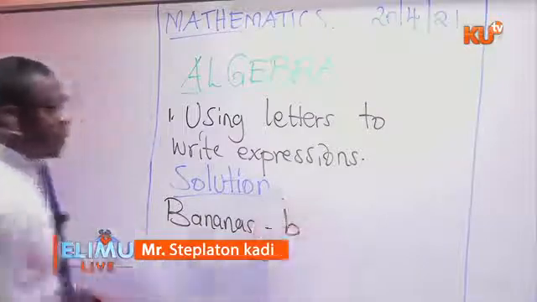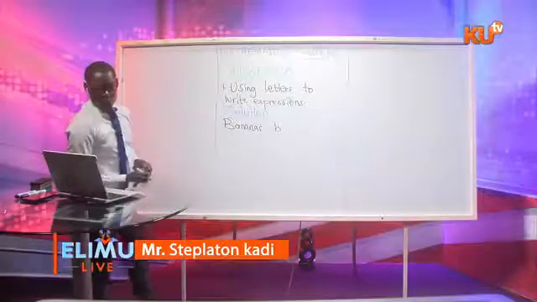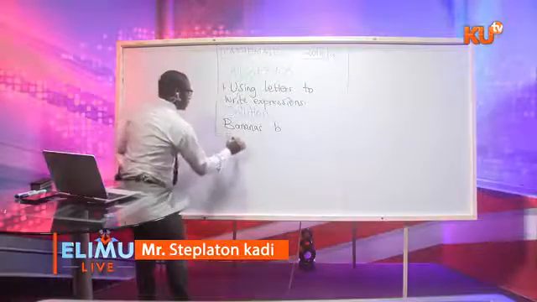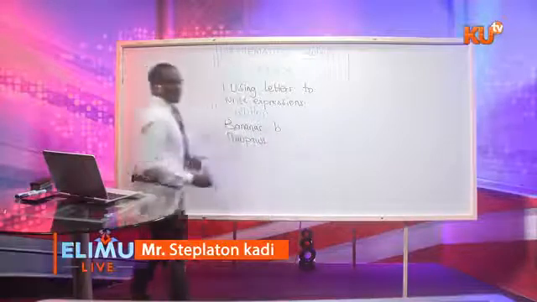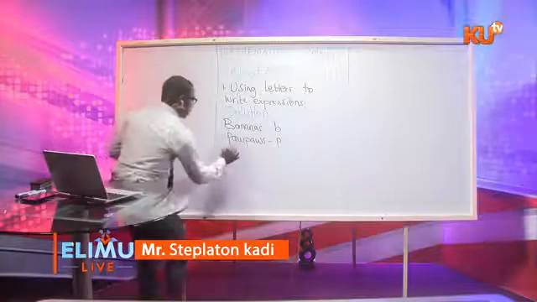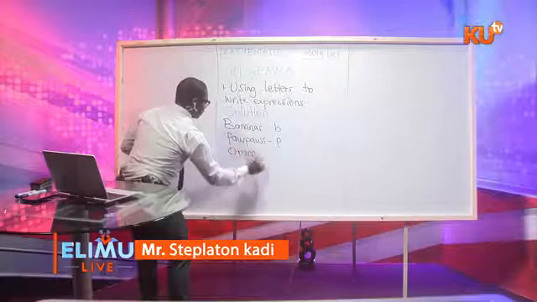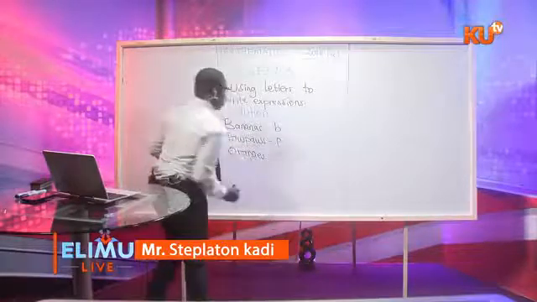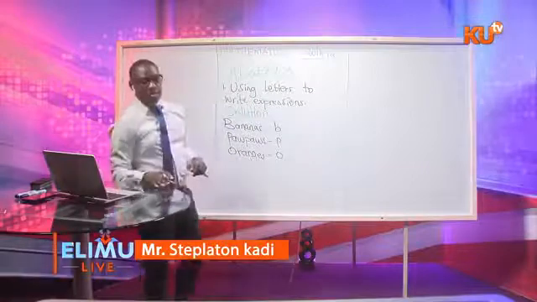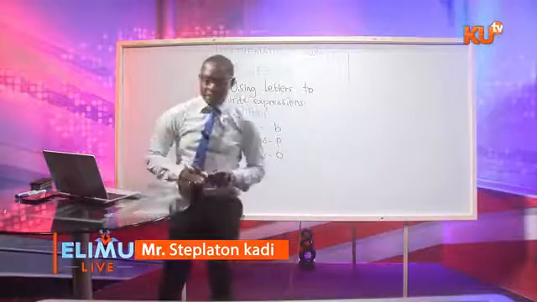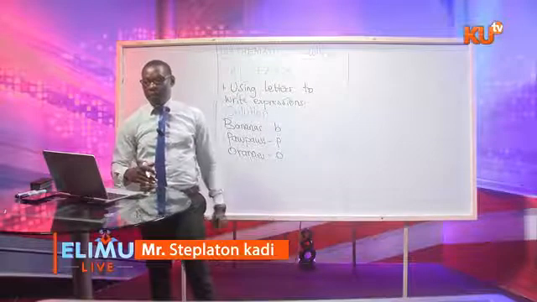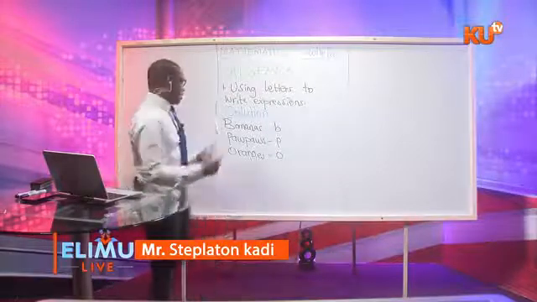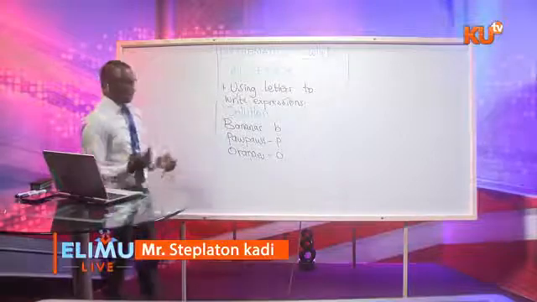Bananas were B. The other fruits bought were pawpaws, and pawpaws were P. The other fruits bought were oranges, and oranges were O. We are being asked, how many fruits did the person buy altogether? When you hear the word altogether, altogether means addition.